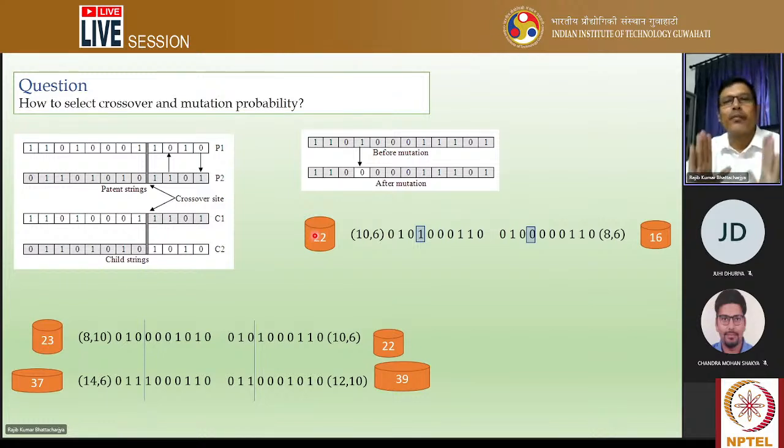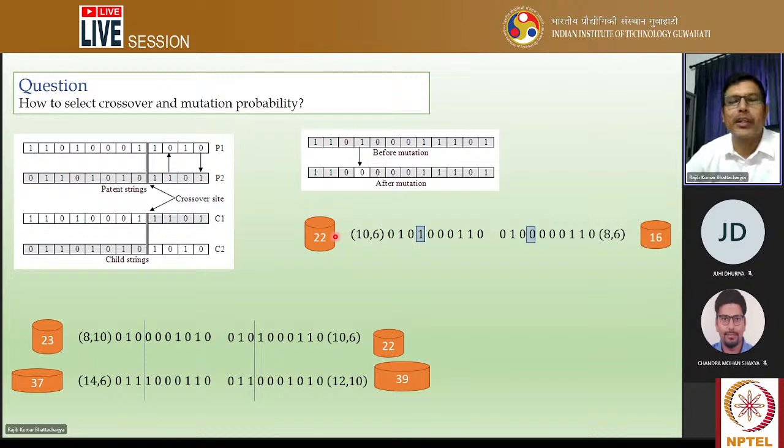So you can see the purpose of crossover and the purpose of mutation is different. Crossover is doing the local search. It is searching near the parents to see whether you have any better solution. But mutation is trying to search the other unexplored regions, in case there is a better solution. Therefore, in order to have a very steady convergence, I have to keep the mutation probability very low.